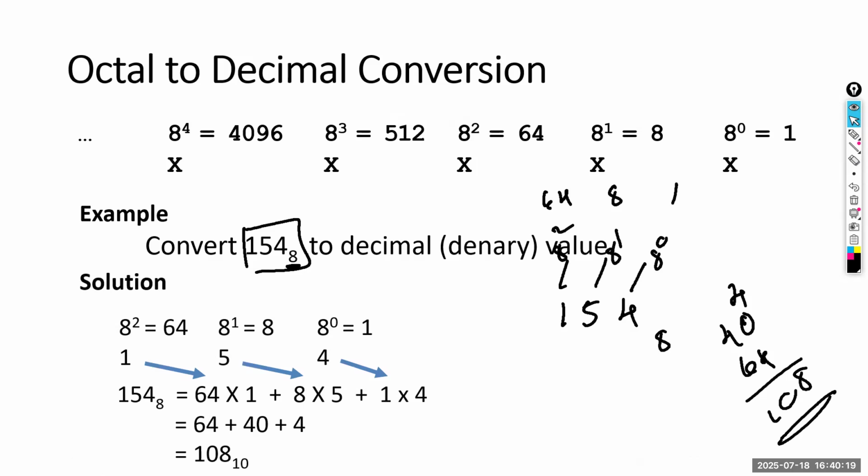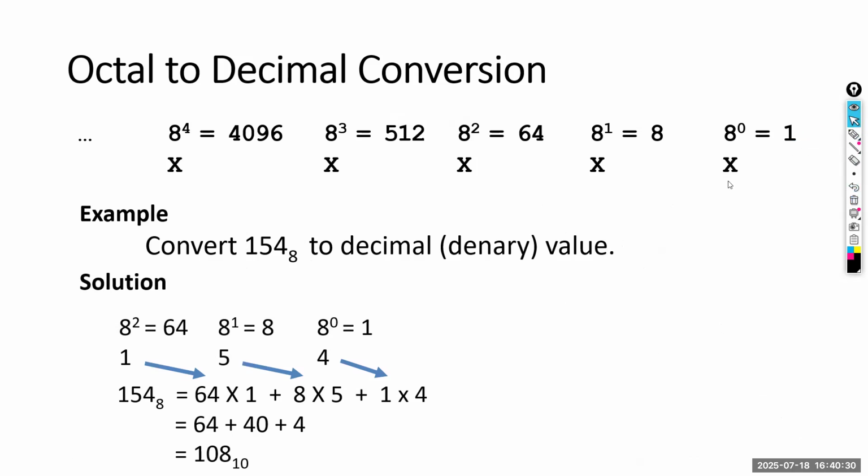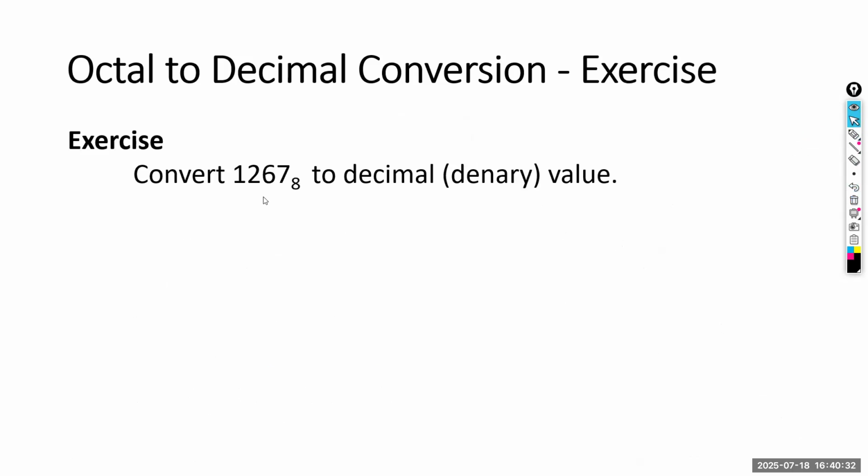So now we have powers of 8: 8 to the power 0, 8 to the power 1, 8 to the power 2, and so on. Right, so this is the only exercise for you. Convert this base 8 number into base 10, or denary, or decimal. If you have any questions, you need to ask.